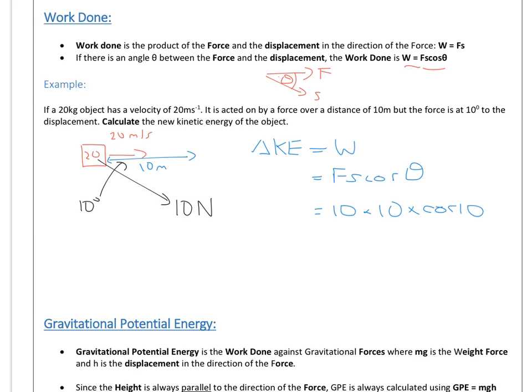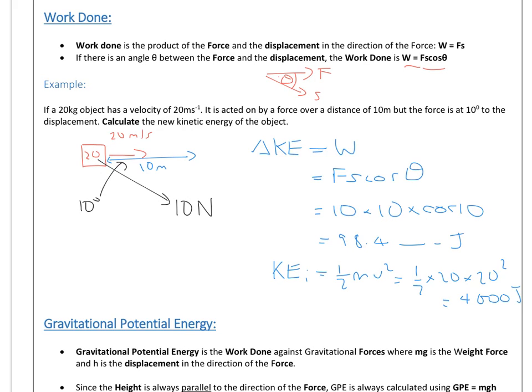Cosine of 10 times 10 times 10 is 98.4 joules. If we work out the initial kinetic energy, we know that's half m v squared, which is half times 20 times 20 squared. That's 20 times 20 times 20 divided by 2, which is 4,000 joules.